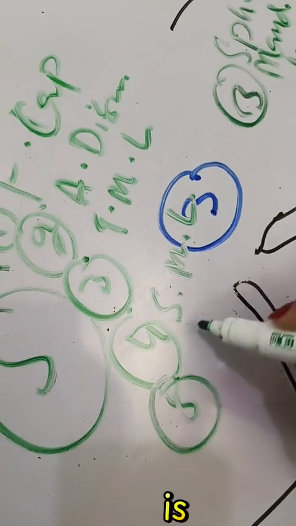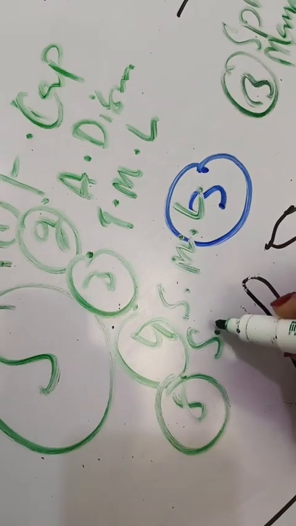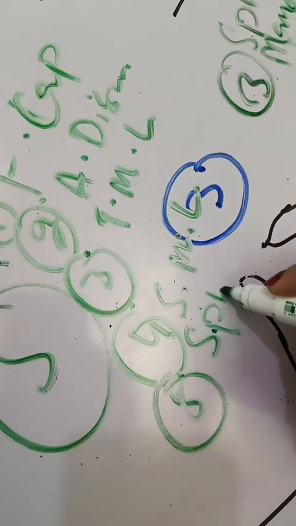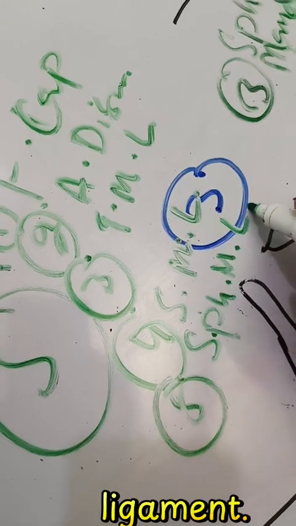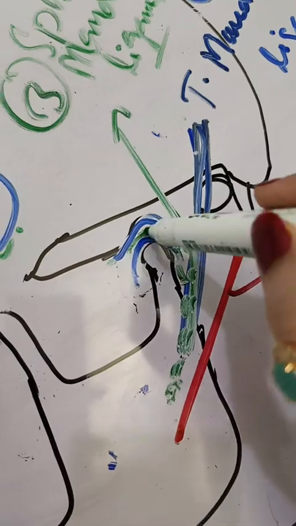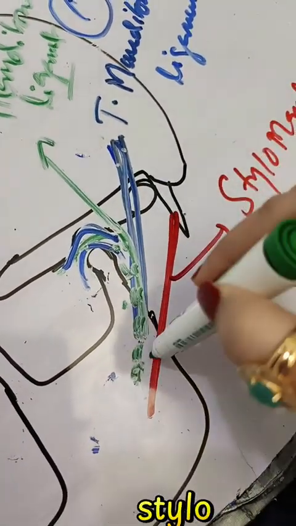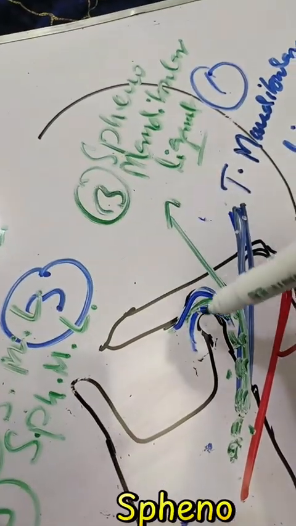Number 5 is the sphenomandibular ligament. So number 1 is the capsule, articular disc, temporomandibular ligament, stylomandibular ligament, and last is the sphenomandibular ligament.